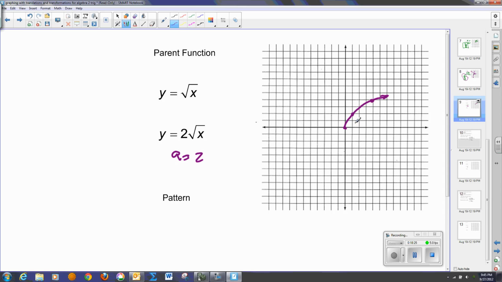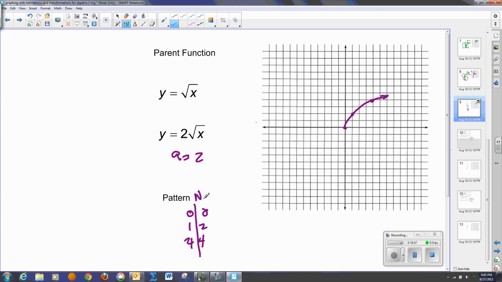Now, you'll notice that in this case, if I were to look at the pattern, my pattern is I go over 1 and up 2 and over 4 and up 4.